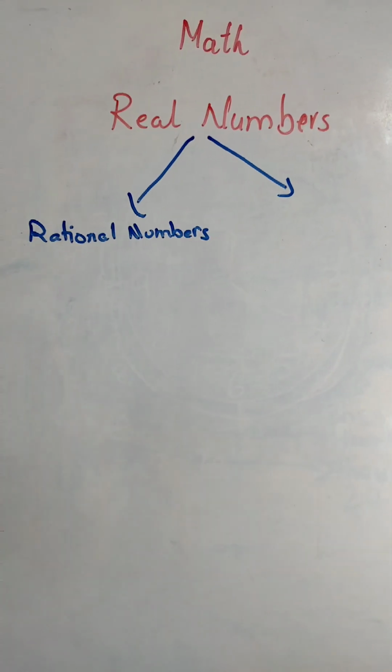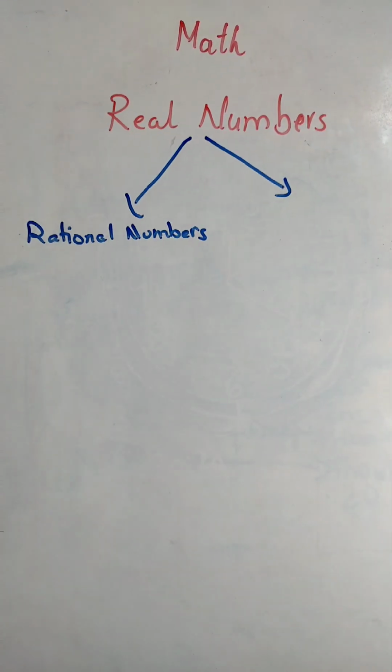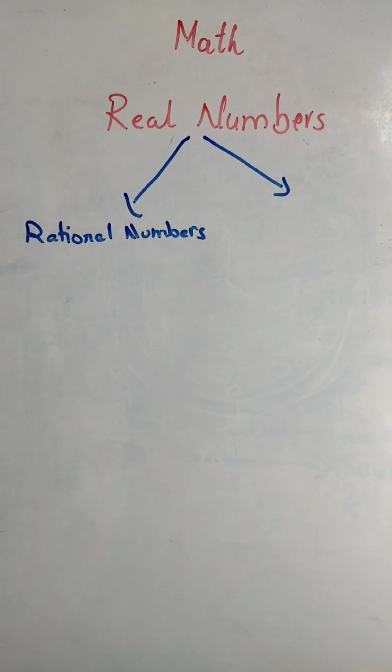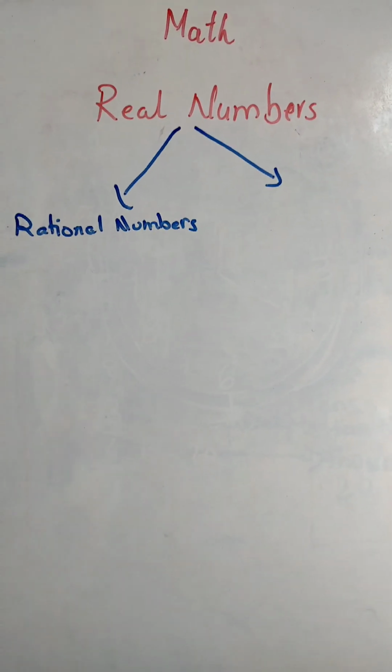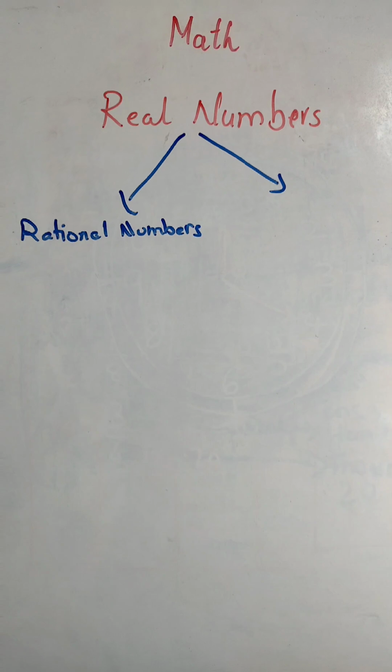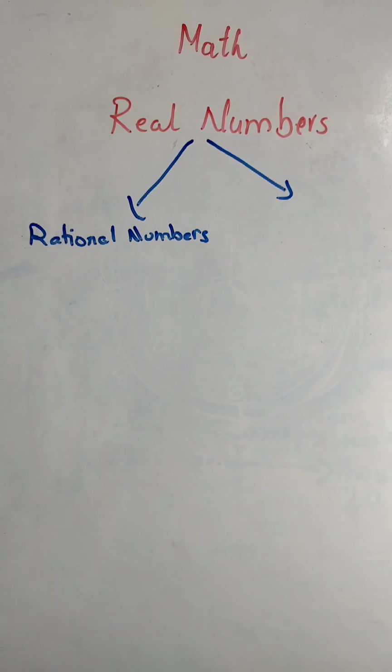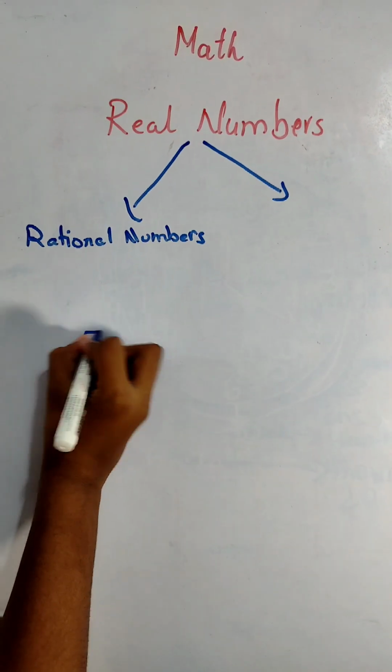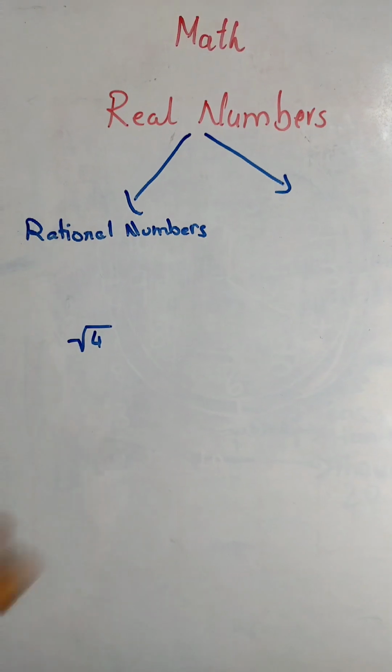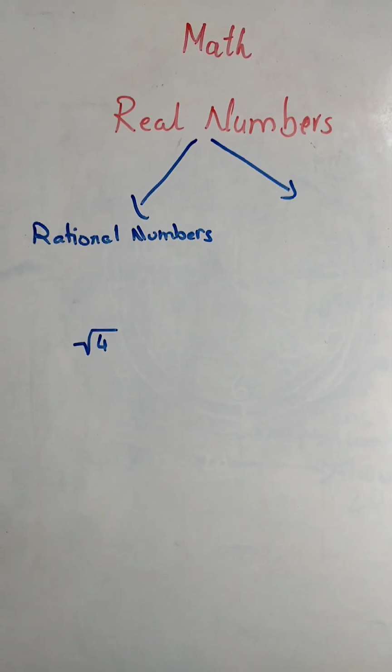But what do we consider to be the second part? Let's imagine the root of a number, because usually we never work with square roots on a number line. Let's imagine pointing a root of a number on the number line. We can easily mark roots like root 4 and all the other square numbers and cube numbers.